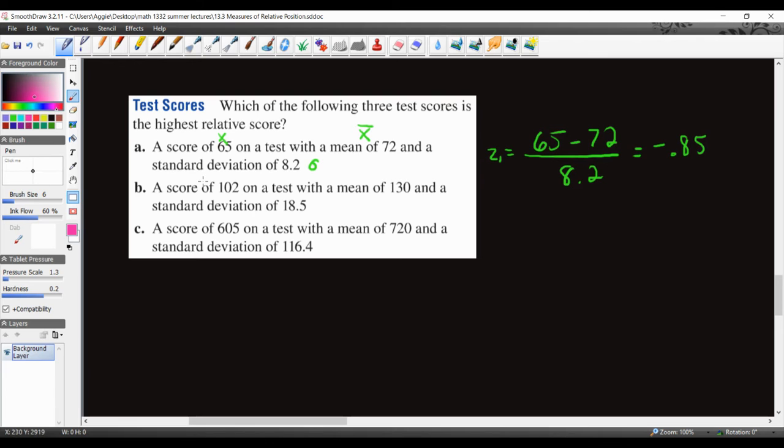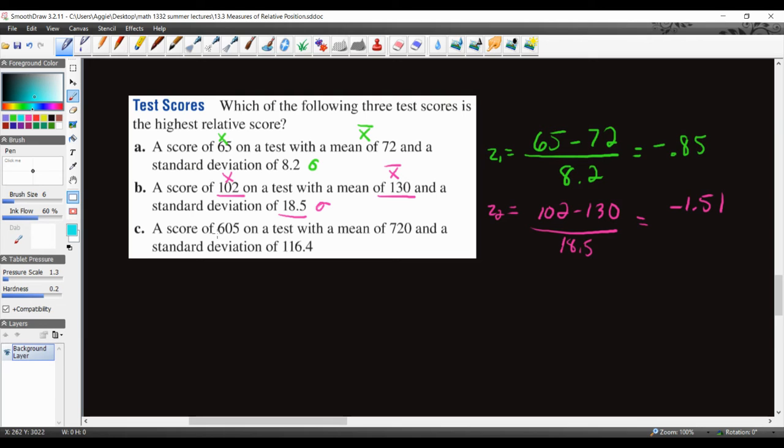For the second one, we have a score of 102, so there's our x, on a test with a mean of 130, there's our mean, and a standard deviation of 18.5. So Z2 would be 102 minus 130 divided by 18.5, which is approximately negative 1.51.